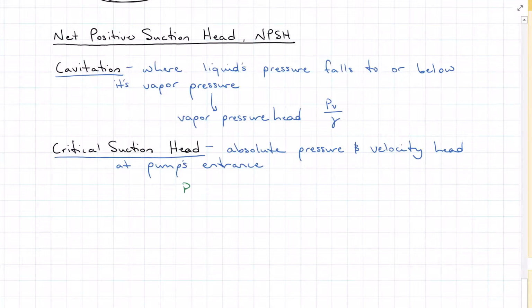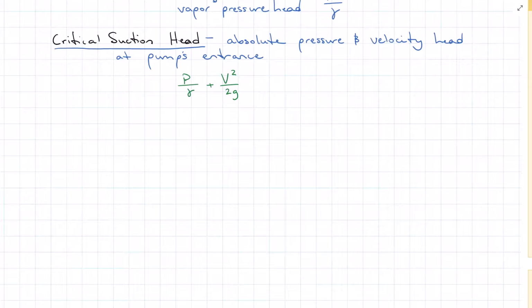So that is pressure over gamma plus V squared over 2g. Net positive suction head, we don't want that to be 0, right? So that's our last equation. The net positive suction head we can calculate on the system is going to be the critical suction head, P over gamma, plus V squared over 2g, minus that vapor pressure head.